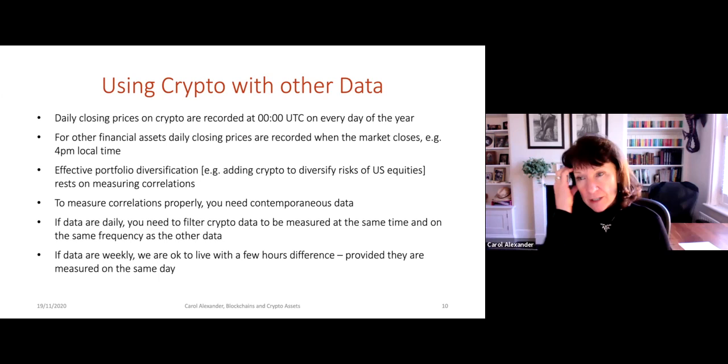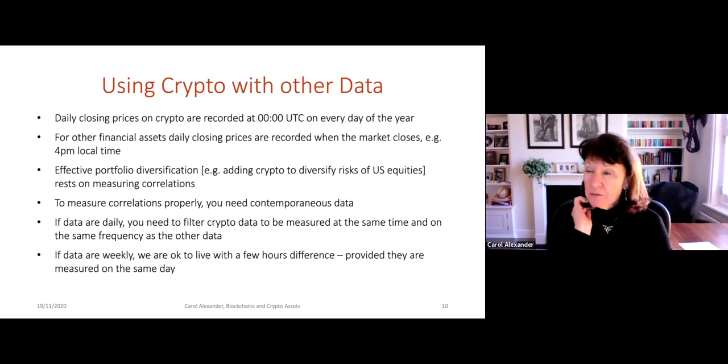But for other financial assets, the daily closing prices are recorded when the market closes. For example, the closing prices on FTSE 100 stocks is 4 p.m. London time, or the closing prices on the New York Stock Exchange are 4 p.m. Eastern Standard Time.